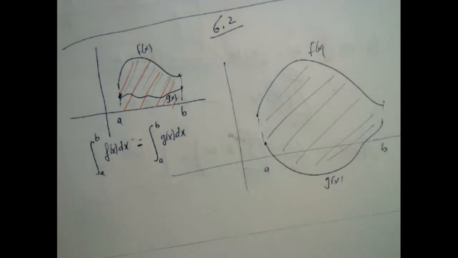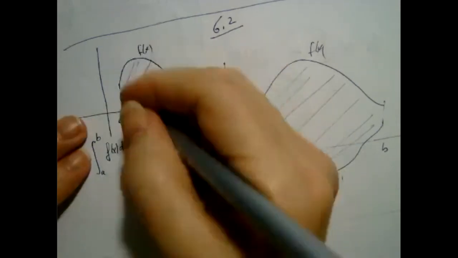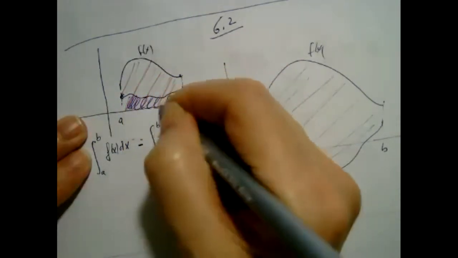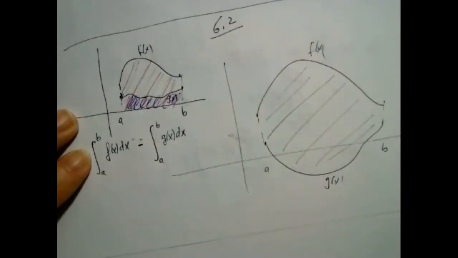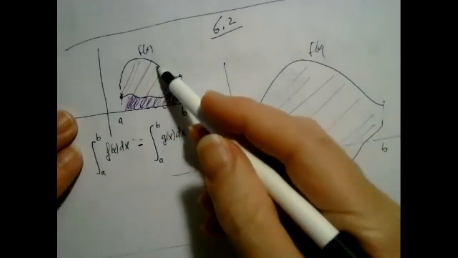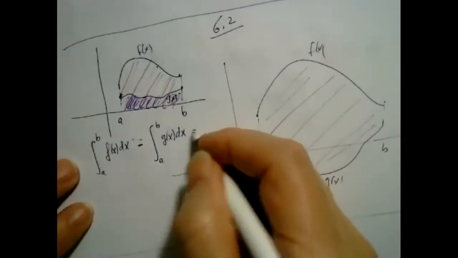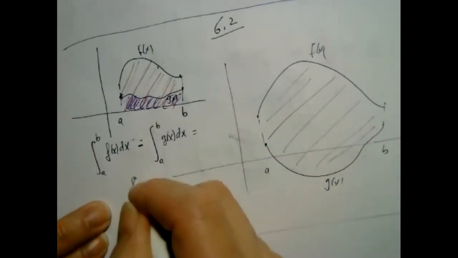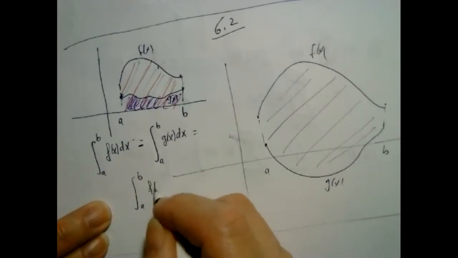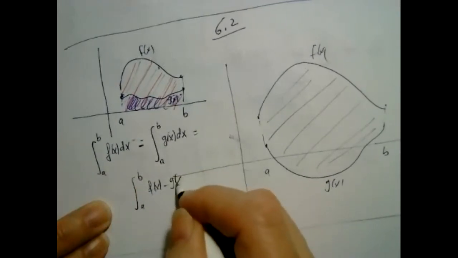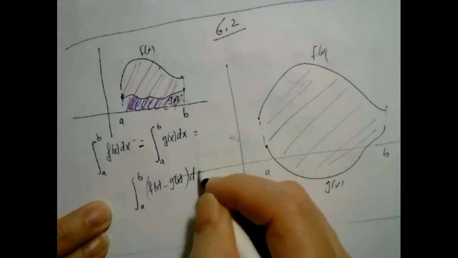By taking that away, I'm taking away this piece right here. That's her idea, which makes a lot of sense. What I'm left with is the area in between. Another way to write this is the integral from a to b of f of x minus g of x dx. I call this the simple scenario.